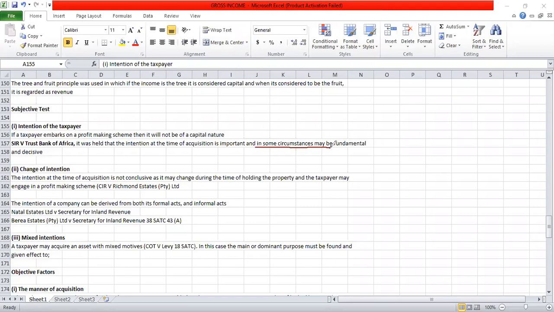Right. Then there can also be change of intention. So the intention at the time of acquisition may change. Let's say you buy a property, then you do activities. Maybe when you bought it, you wanted to use it for a long time. You buy a building in an industrial area. You wanted to use it for manufacturing.